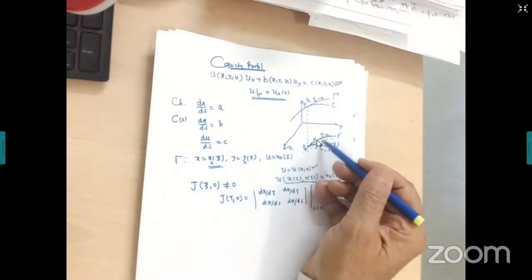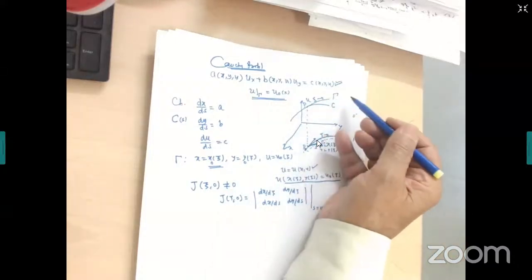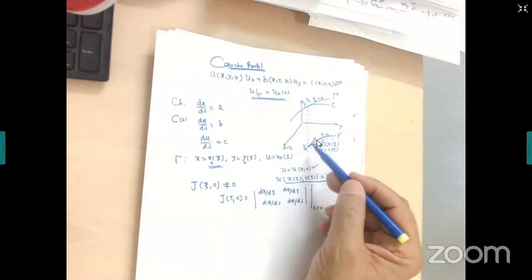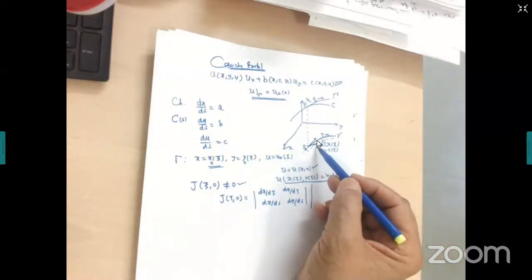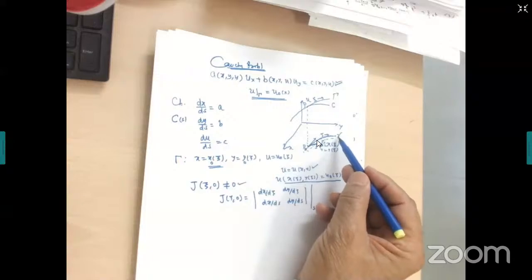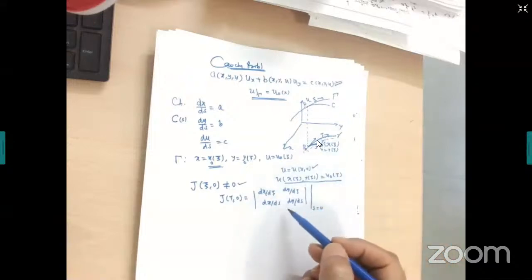Specifying u on this base curve is equivalent to specifying u on the space curve. If this is the condition which holds, this small gamma curve is nowhere tangent to C naught, and it has a unique solution.